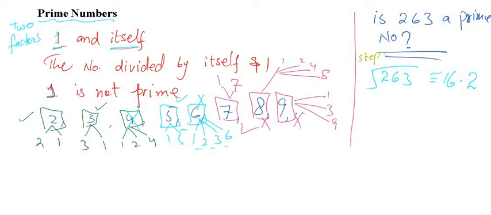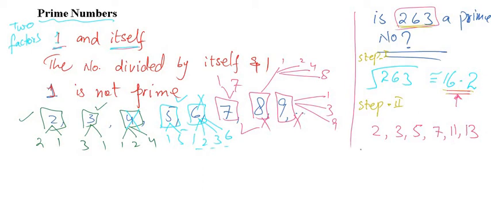In the second step, you have to find those prime numbers which are less than this number. Those are 2, 3, 5, 7, 11, and 13. These are the prime numbers which are less than 16.2, which we took from the square root of the given number.